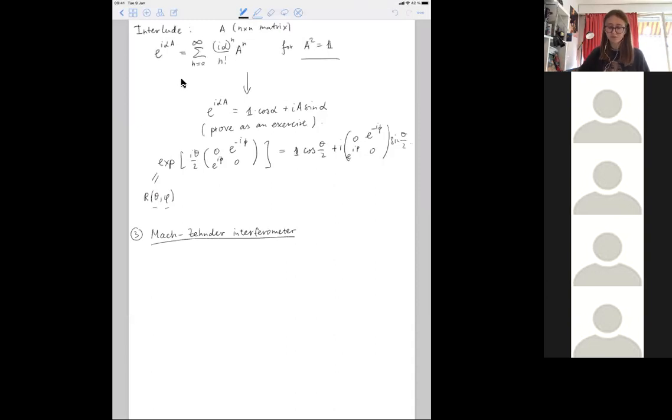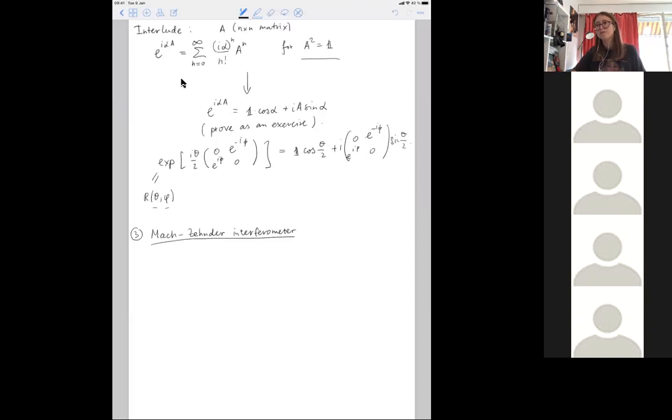Okay, so to understand the Mach-Zehnder interferometer, it essentially is a device at which we can point a laser, and then measure the intensities of the laser beams which come out of this device.